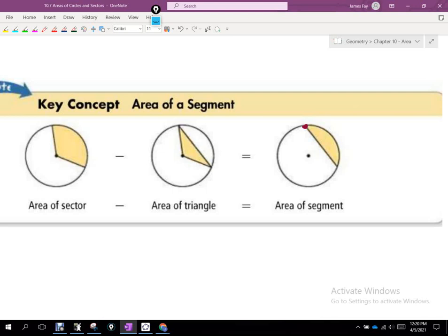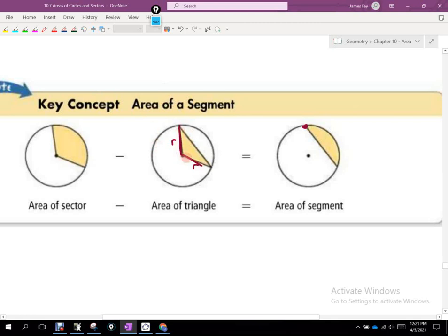Now, the nice thing about the area of that triangle is it's always going to be what kind of triangle? If that's a radius and that's a radius, it's isosceles. It might be equilateral if this was a 60-degree angle, okay? But it will always at least be isosceles.